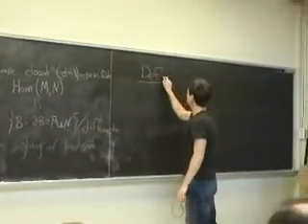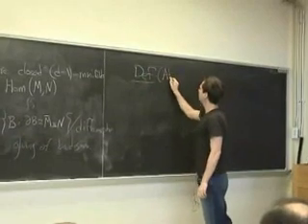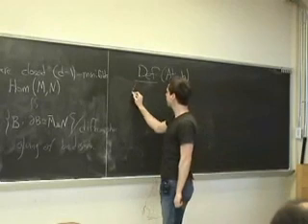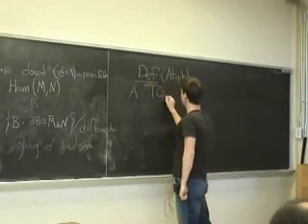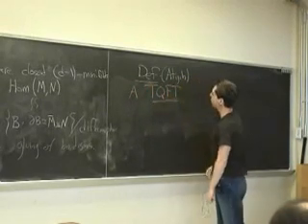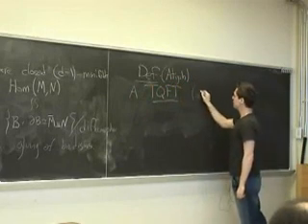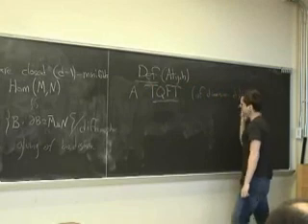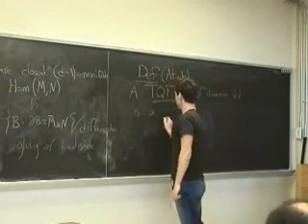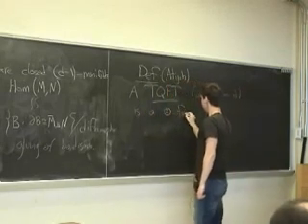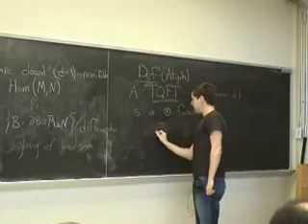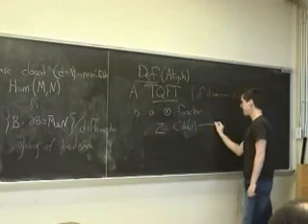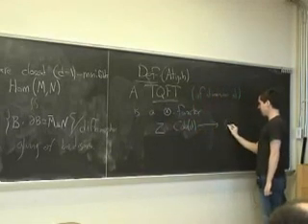So with this terminology, I can give you Atiyah's definition of a topological quantum field theory. A topological quantum field theory, or TQFT, of dimension d is a tensor functor Z from this category I just defined, Cob-D, into the category of complex vector spaces.